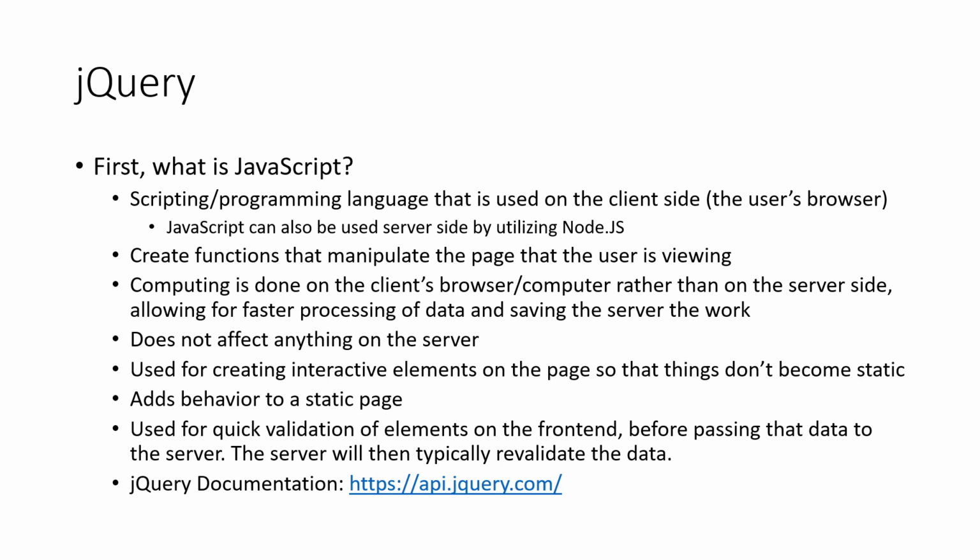rather than not doing that validation at all and just sending that 5 character password over to the server, where the server will have to validate it, say no, this is not long enough, and return back to the client side and tell the client that this isn't long enough.